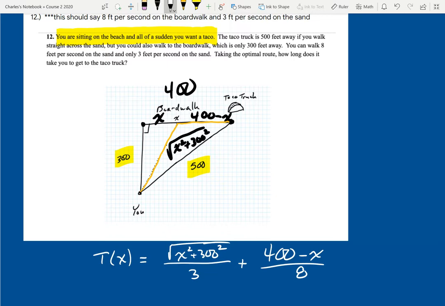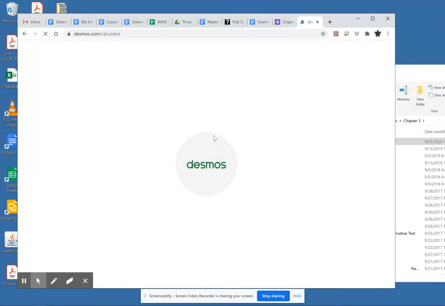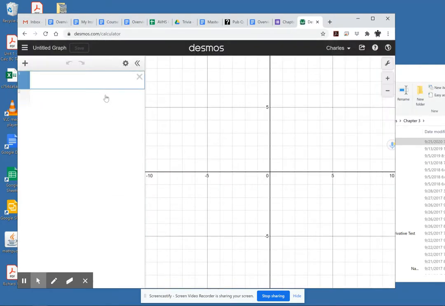Okay, and so now I can look at this as a function and pick from a variety of different paths and choose the one that's the optimal path. And I'm going to use Desmos. You could have used your graphing calculator, or you could have used Desmos on this.